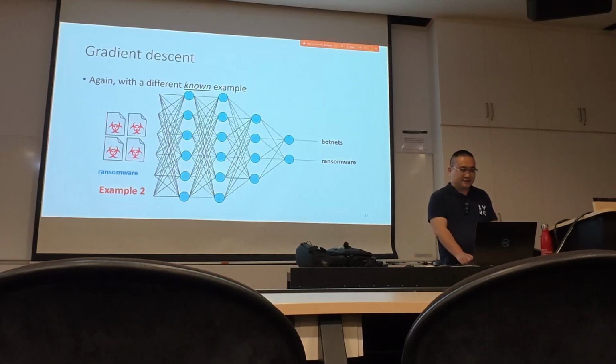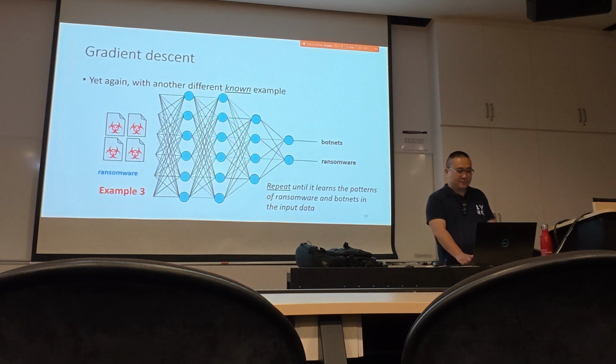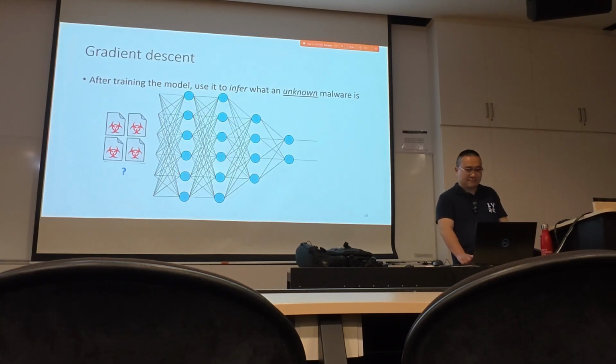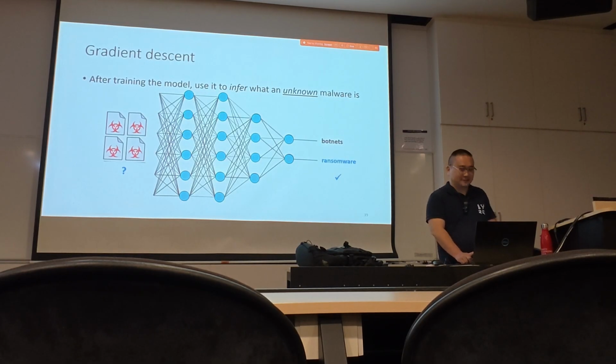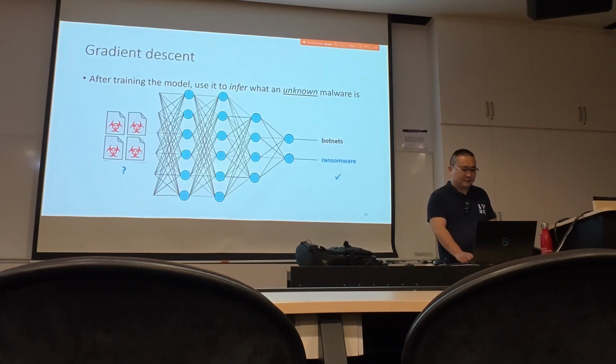Then we give it the second training data and do the same. We repeat it again and again until the model is well trained. After that, given a new binary software, we can ask the model to do the prediction. So this is the idea of gradient descent.